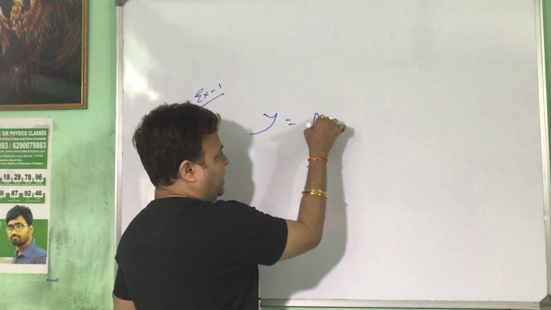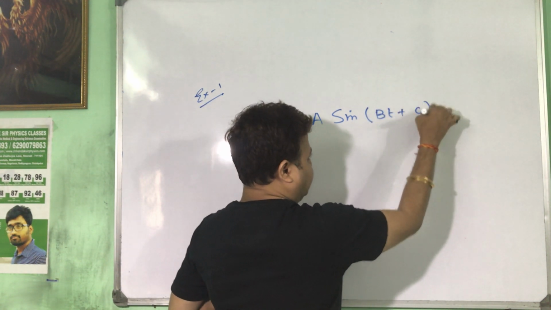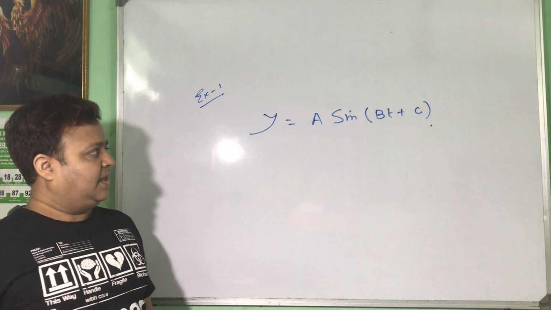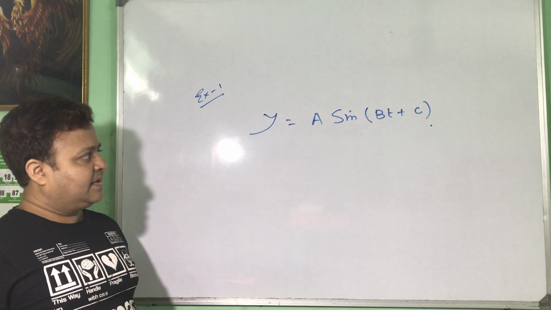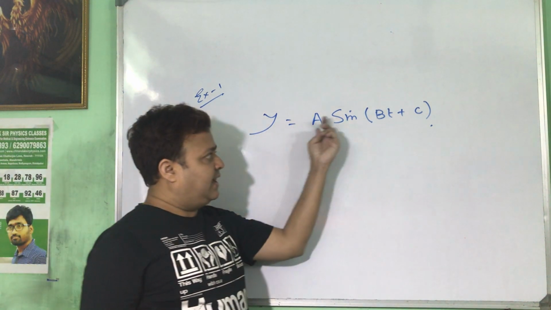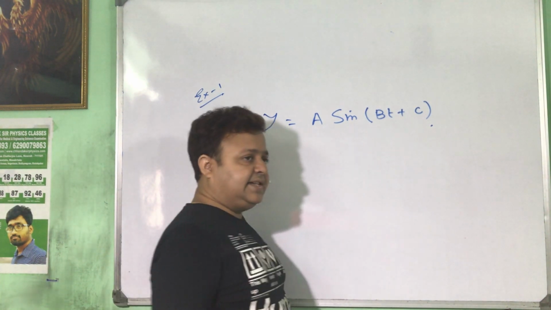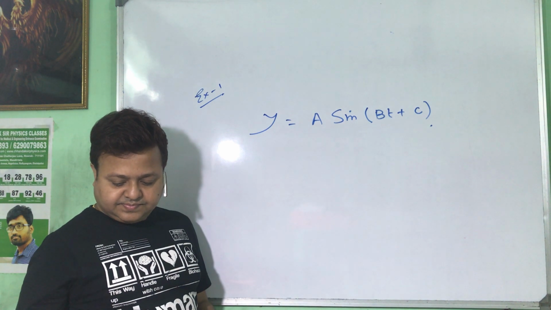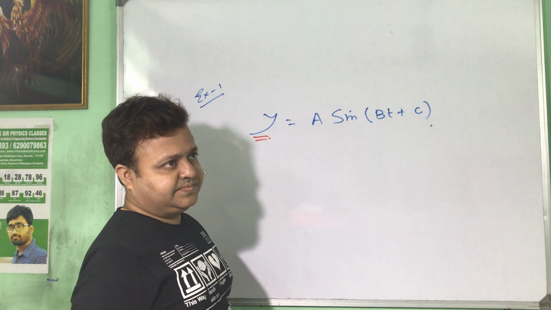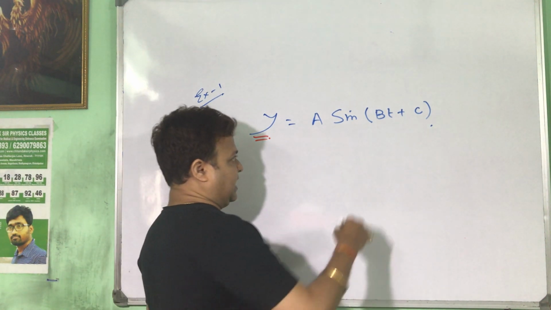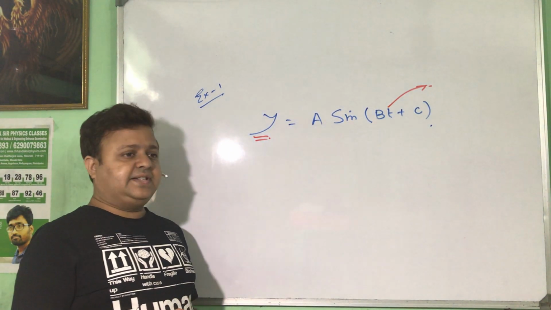y equal to a sin of (bt plus c), where y is the displacement and small t is the time.